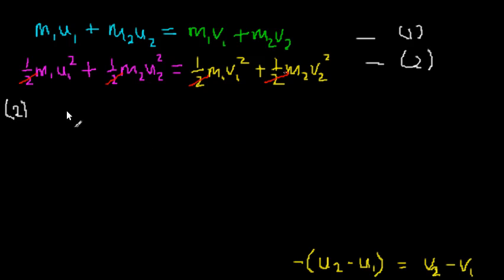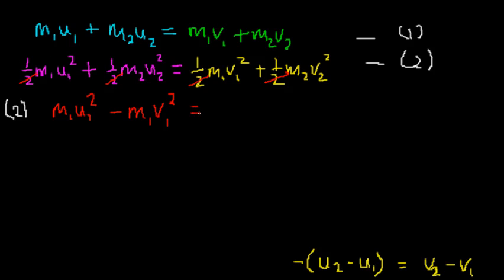Let's try that. So m1u1 squared, and I'll move this one to the other side, so minus m1v1 squared.